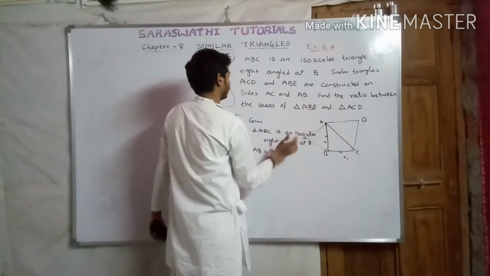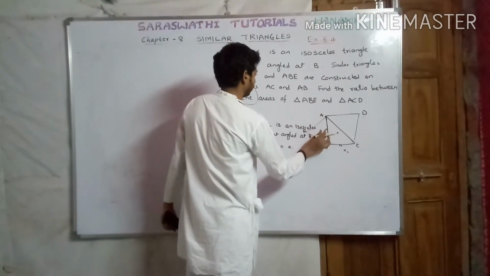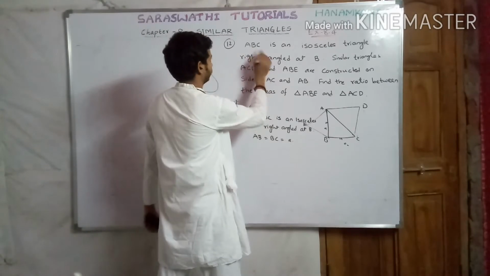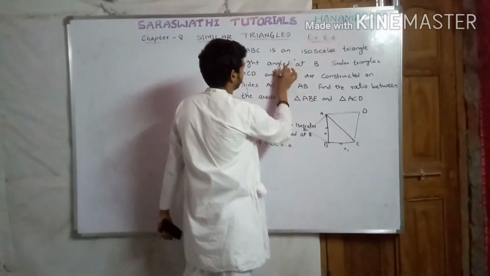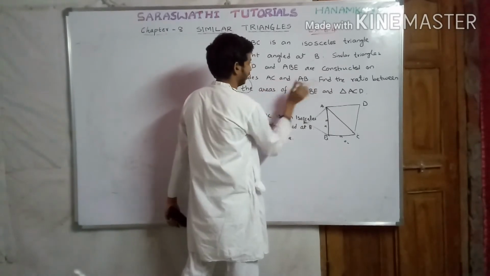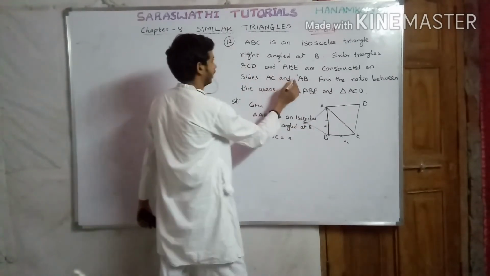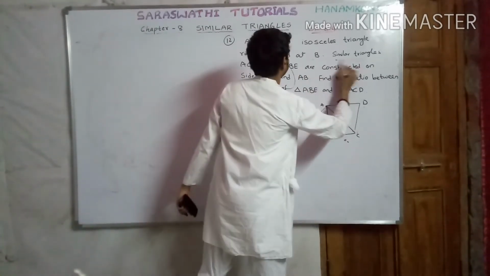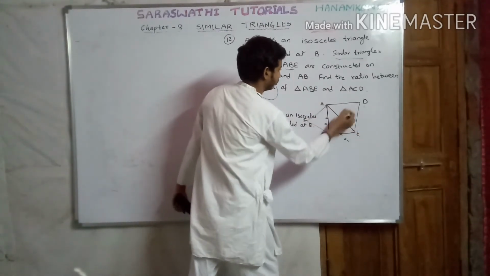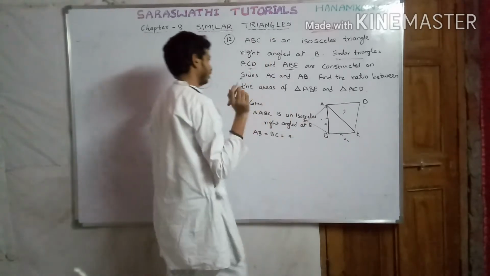Find the ratio between the areas of triangle ABE and triangle ACD. Again I am repeating the question: ABC is an isosceles triangle right angled at B. Similar triangles ACD and ABE are constructed on sides AC and AB. It is mentioned that ABE and ACD are both similar triangles.